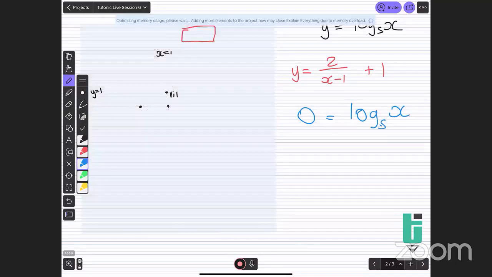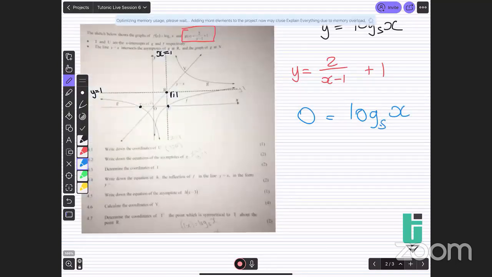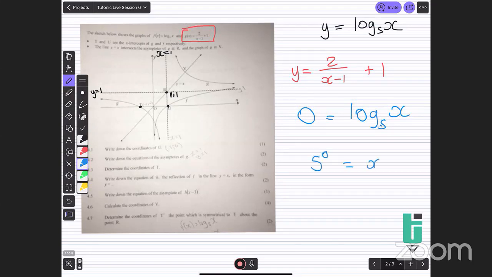Isn't the base 5? So x equals 5 to the power of naught, which is 1. Doesn't that make sense, because isn't 1 on the asymptote line?